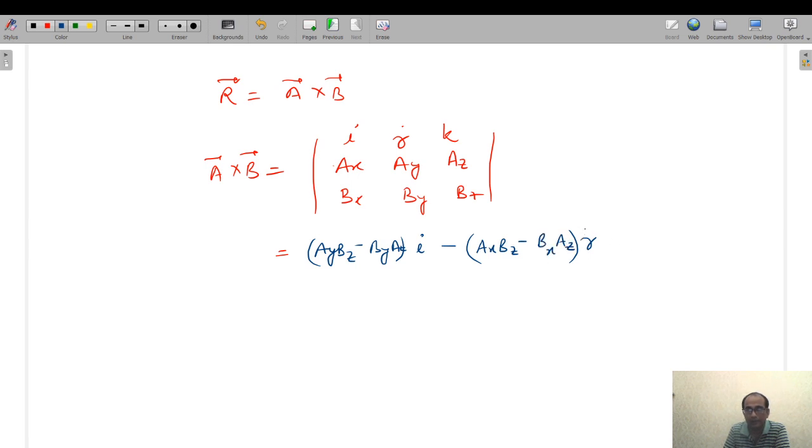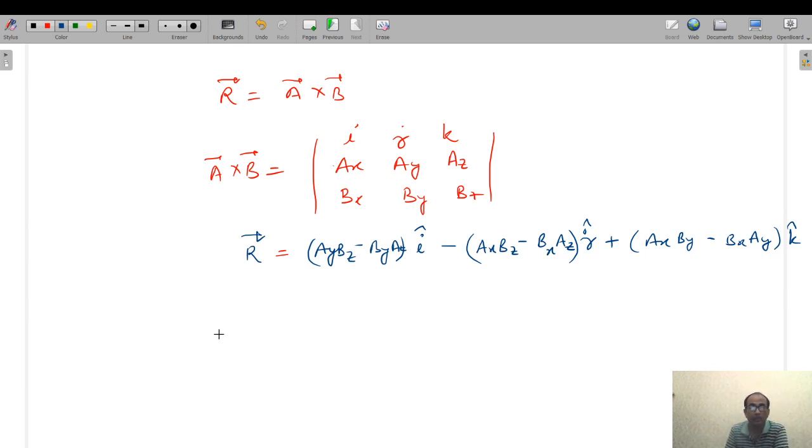And for K we'll have AX BY minus BXAY K. So this way you can also find this cross product. So this is how we calculate the cross product between vectors.